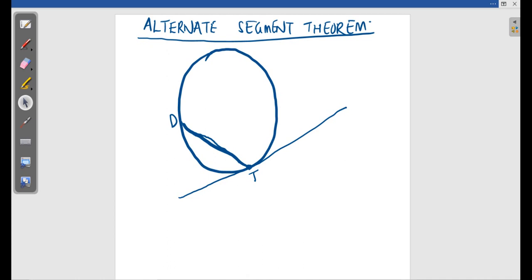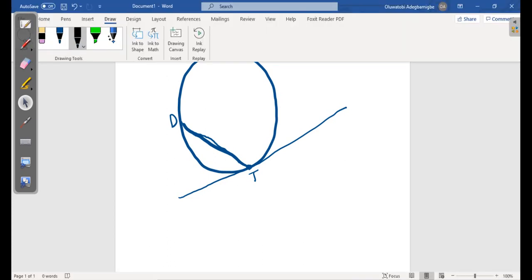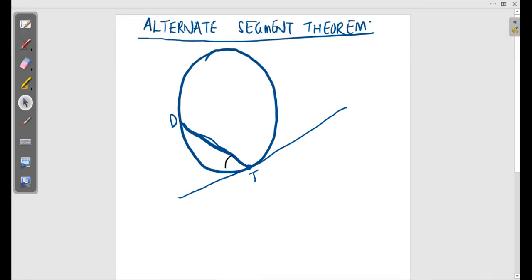Now, the angle between the chord and the tangent is always equal to the angle formed by that same chord. I will repeat myself. The angle between the chord and the tangent is always equal to the angle formed by the chord. Now, this is the chord.